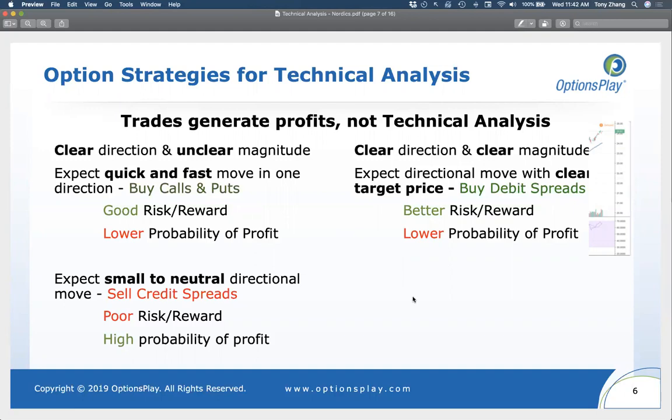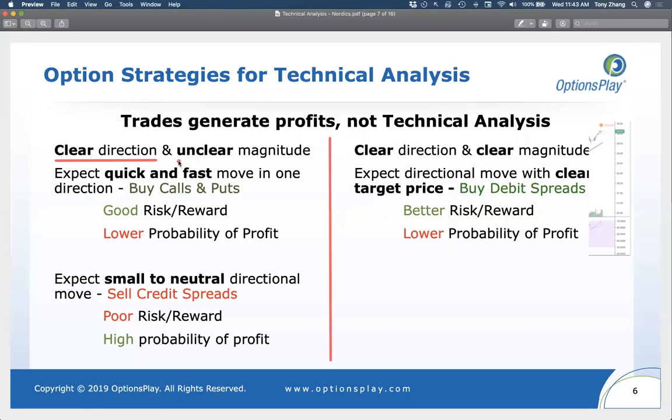So what I have here is I've devised this screen down the middle. On the left-hand side, I have option strategies that are suitable when you have a clear sense for direction, which you always need whenever you're trading options, a sense for whether you think the stock's going to go higher or lower.